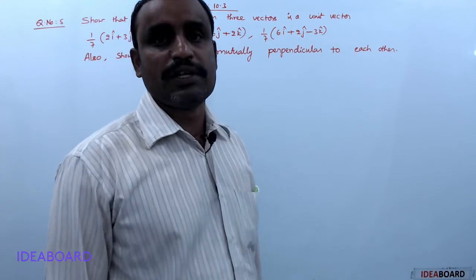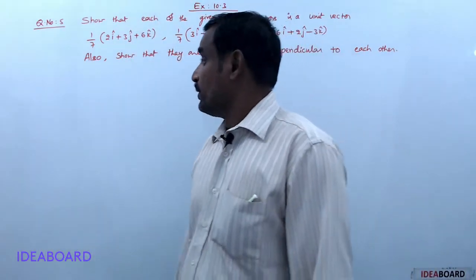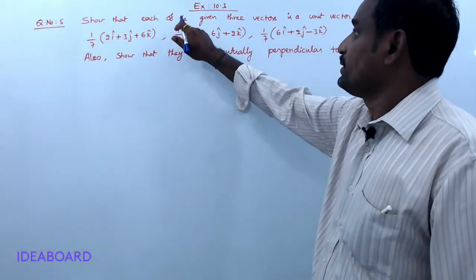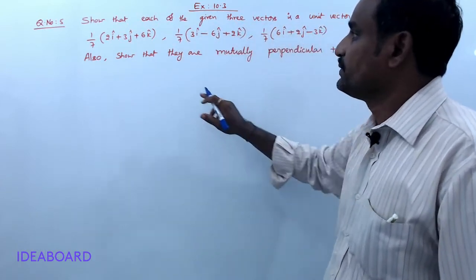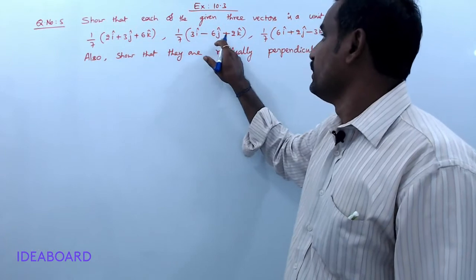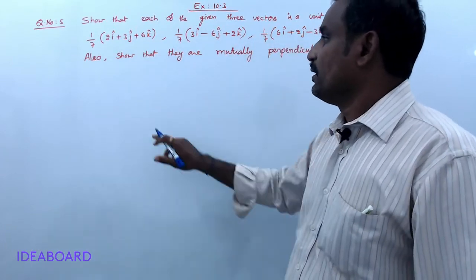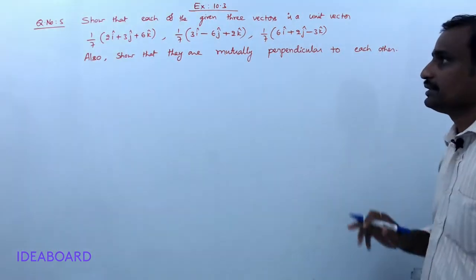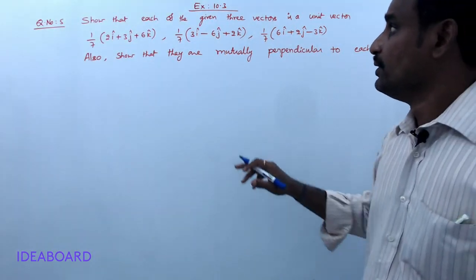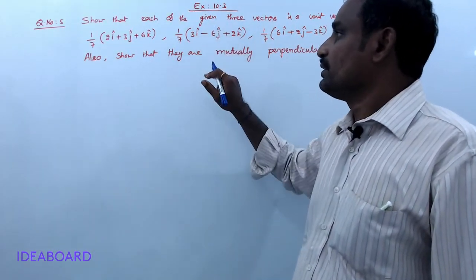Now question number 5. Show that each of the given 3 vectors is a unit vector, and also show that they are mutually perpendicular to each other. That means there are 2 sub-parts in this question.